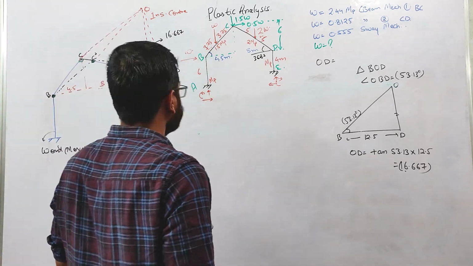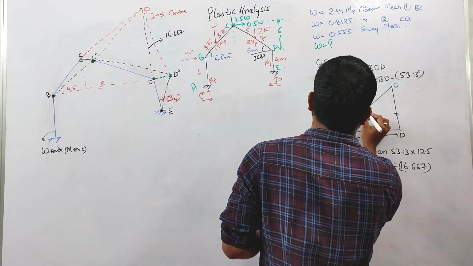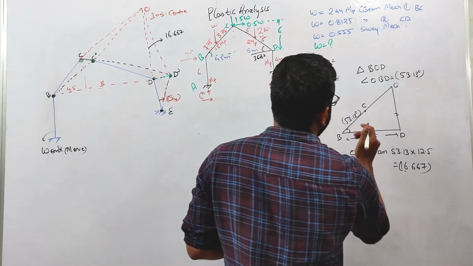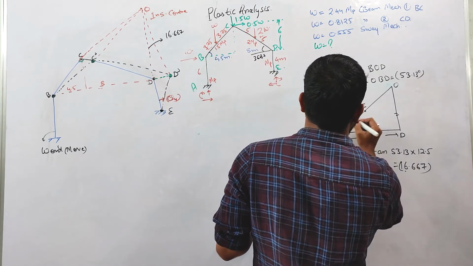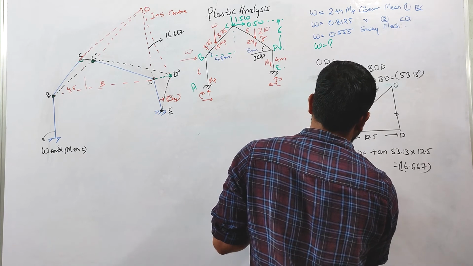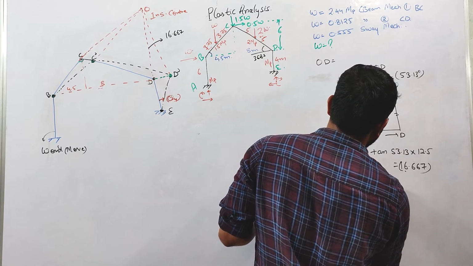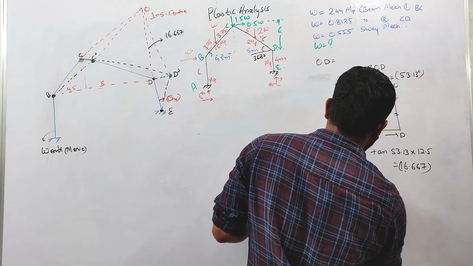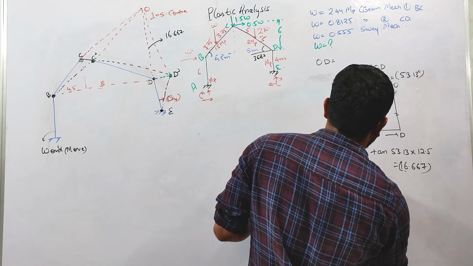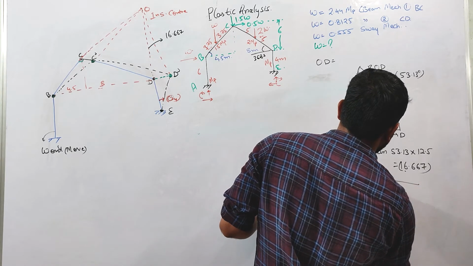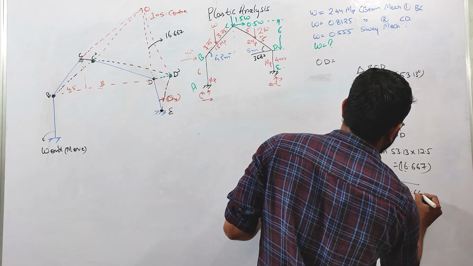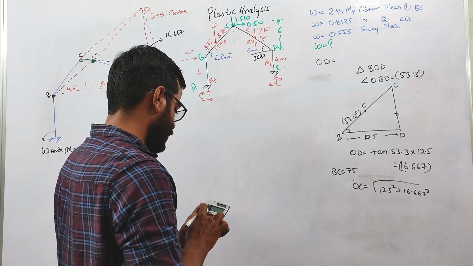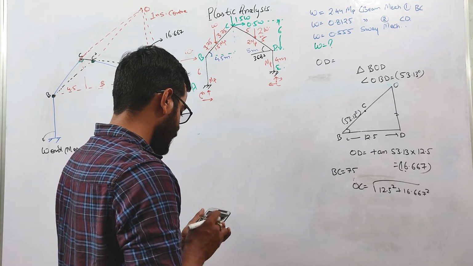And here this is point C. Now OC will be equal to, and this BC is 7.5, which is already given. OC will be equal to the square root of 12.5 squared plus 16.667 squared.